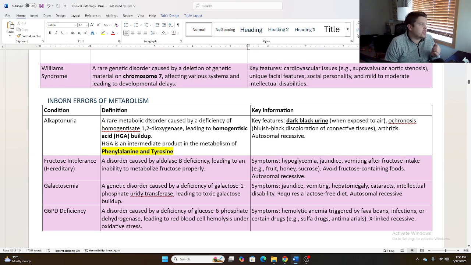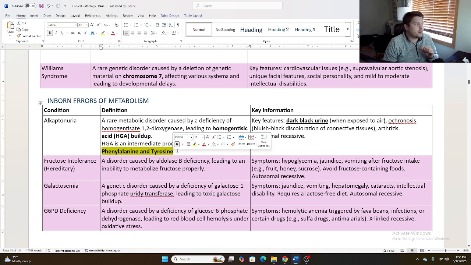Alkaptonuria. This is a rare metabolic disorder. We get what is called homogentisic acid, or HGA, buildup. This is one of the intermediates from the breakdown of phenylalanine and tyrosine.